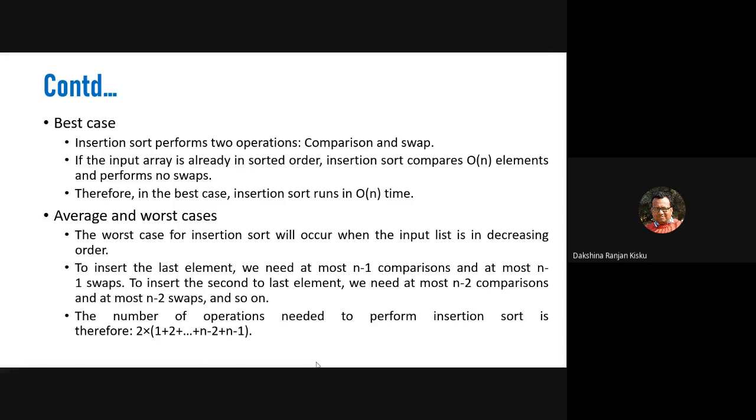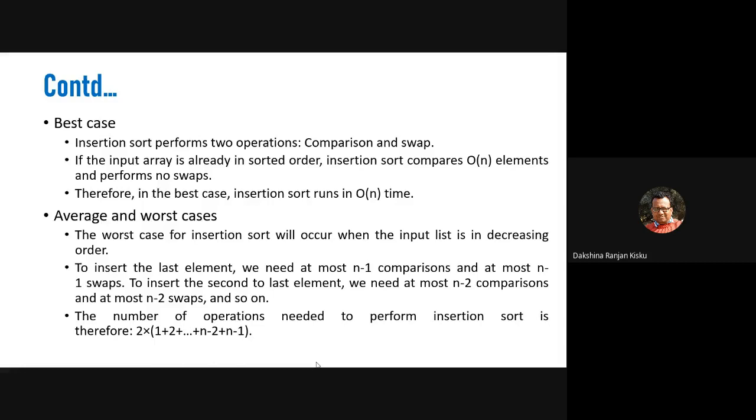To insert the second to last element, we need at most n minus 2 comparisons and at most n minus 2 swaps. To insert the third to last element, we need at most n minus 3 comparisons and at most n minus 3 swap operations. And this will go on.